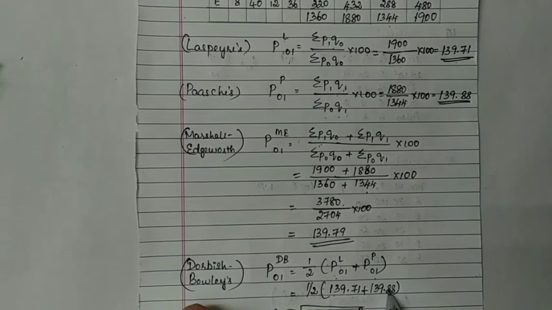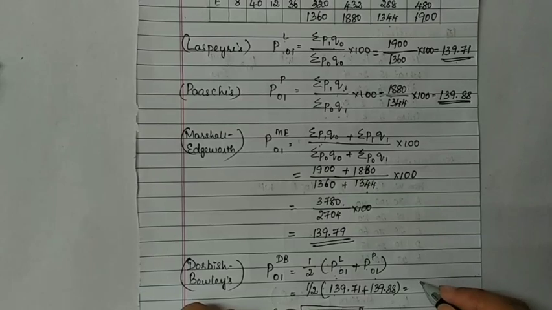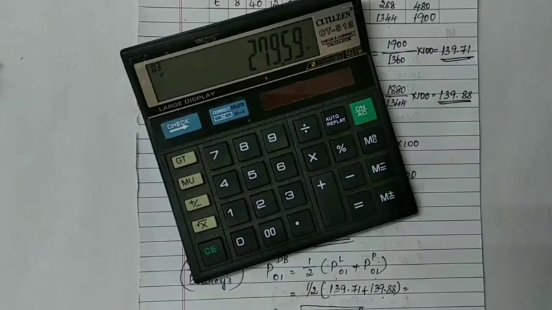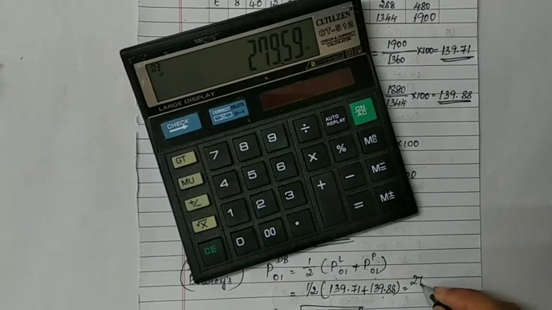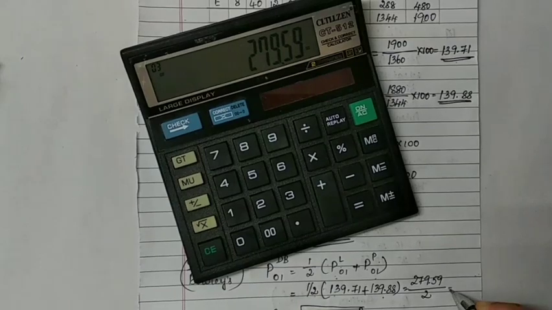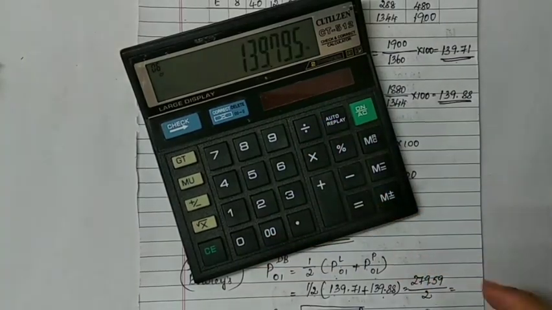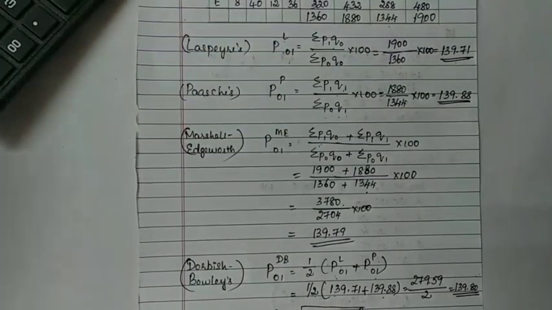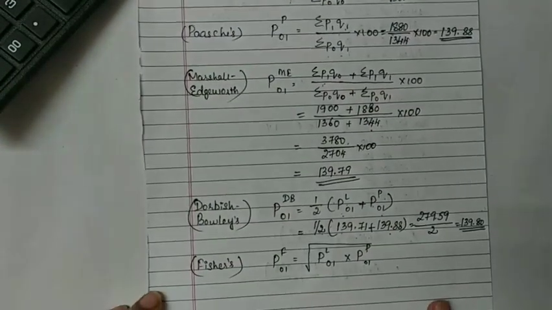So first add these two, 139.71 plus 139.88. That is 279.59 divided by 2, that is 139.80. Yes, we are done with the calculation of Dorbish and Bowley, and the last one is Fisher's.